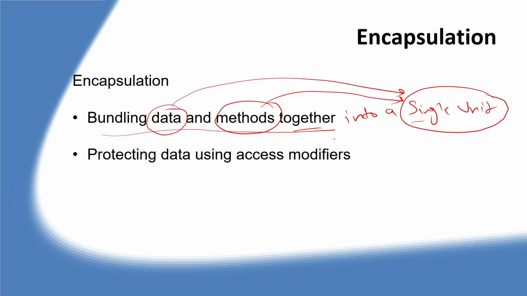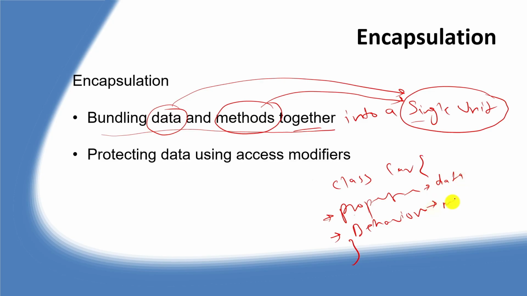So just now I showed you one example, right? Class car will have properties and behaviors. Properties means data, and behavior means methods.